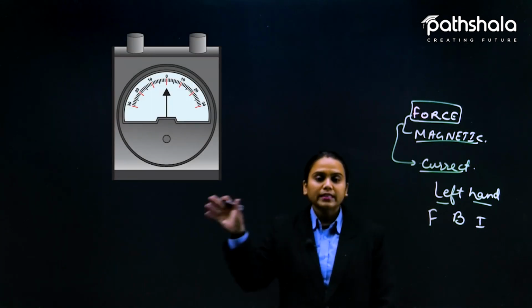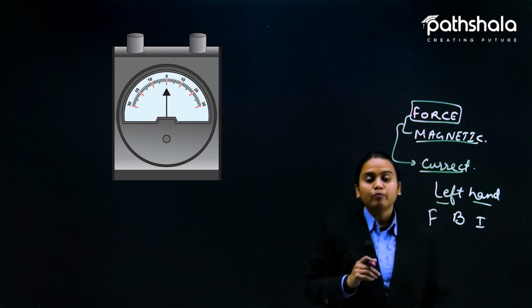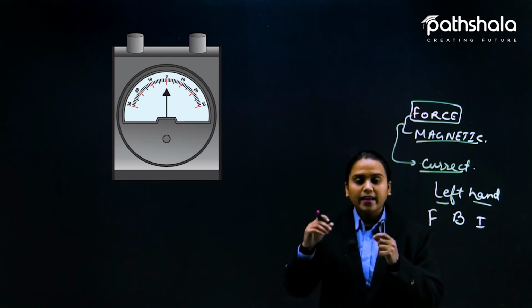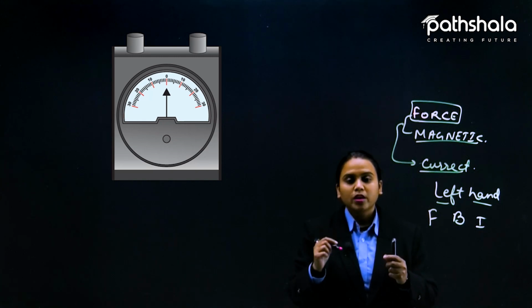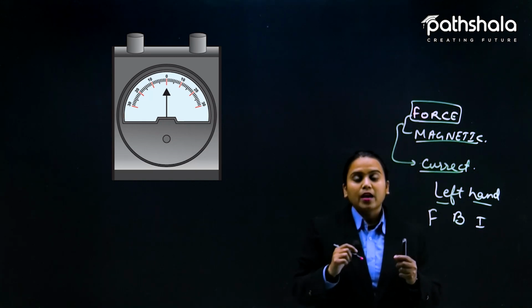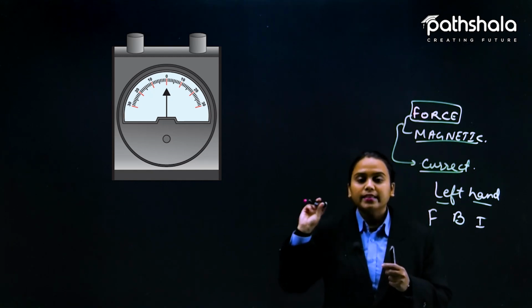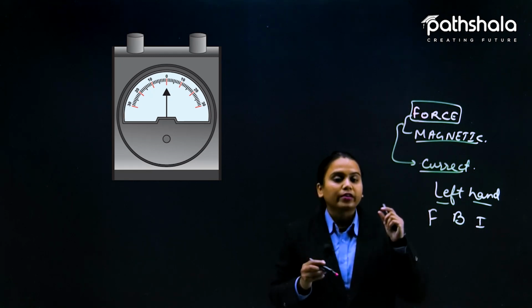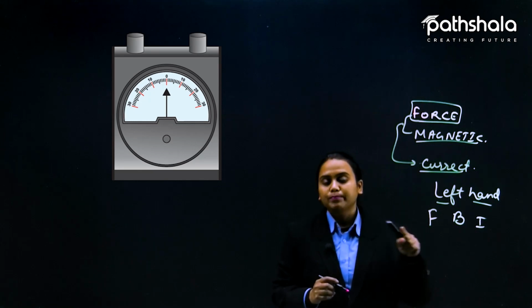Like in today's scenario, you have seen the electricity tester: we put it in the socket, and if it shows a red light, we can judge that current is present here.